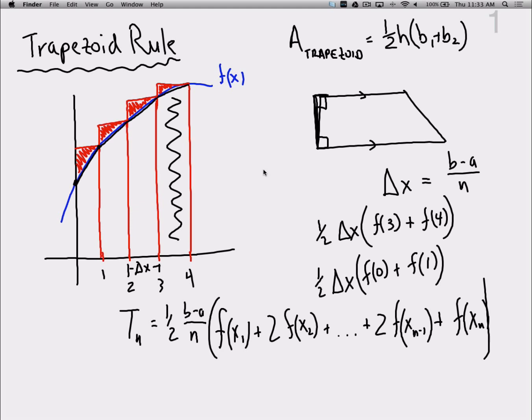The first trapezoid uses f of 1, the second uses f of 1 and f of 2, the third uses f of 2. So every height, which is actually a base, is used twice except the first and the last.